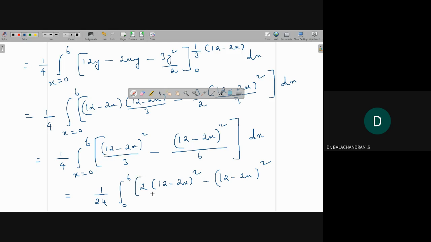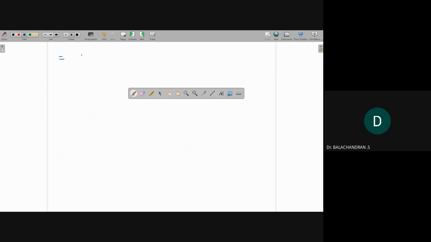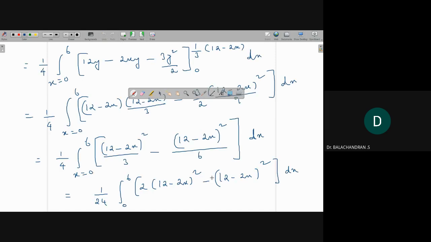Okay, is correct. Into dx. So next step I will write. This is 1 by 24, 0 to 6. This is 12 minus 2x whole square.